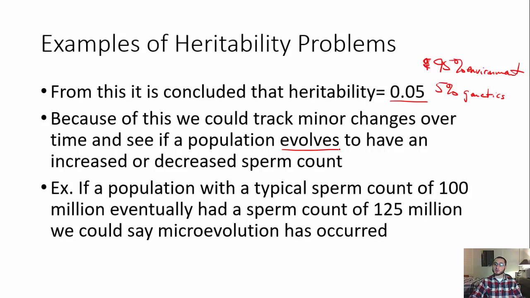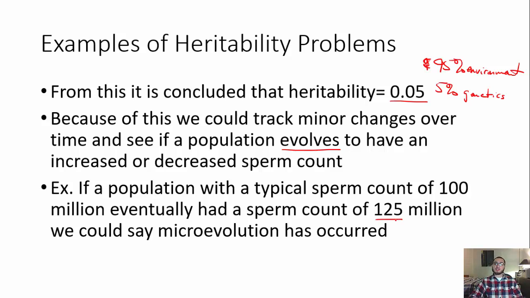So if a population with a typical sperm count of say 100 million, the ones that had 100 million in fresh water, let's say we were able to tag those ones and follow them, and over time we saw that those 100 million ones eventually had a sperm count of 125 million, which we didn't really see before.